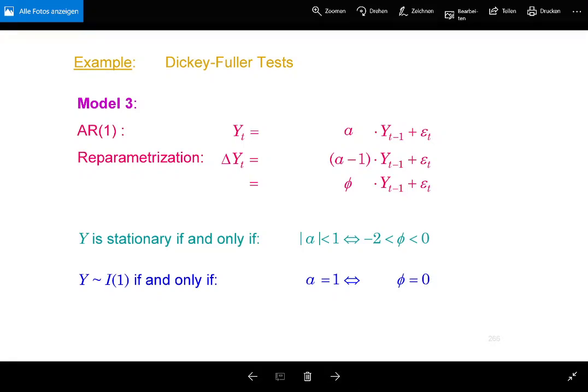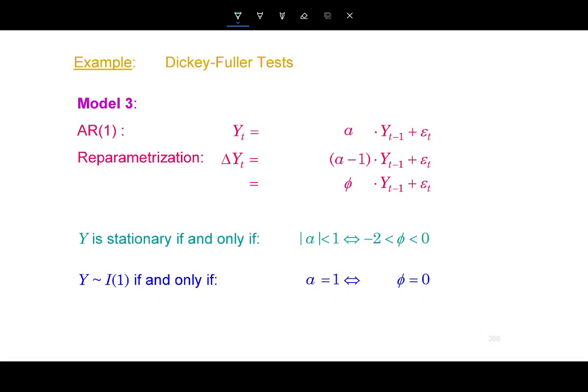So that's why I like this model, because you simply test the significance of the parameter phi. Testing the significance of the parameter phi is equivalent to testing the parameter A to be equal to 1. You understand? So if A is equal to 1, then phi is equal to 0.